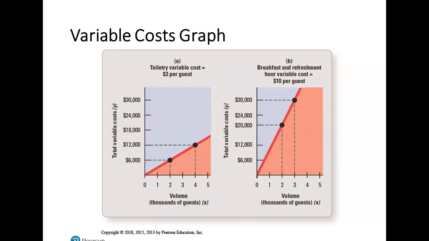That's one of the things we want to make certain we have the logic for. Variable costs are going to change in direct proportion to production. So in this case, the more people going to your hotels, the more it's going to cost. The fewer people going to your hotels, the less it's going to cost. And this applies only to variable costs.